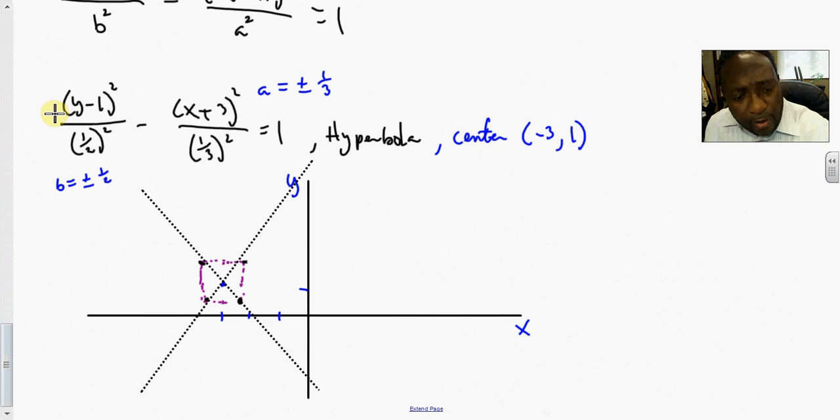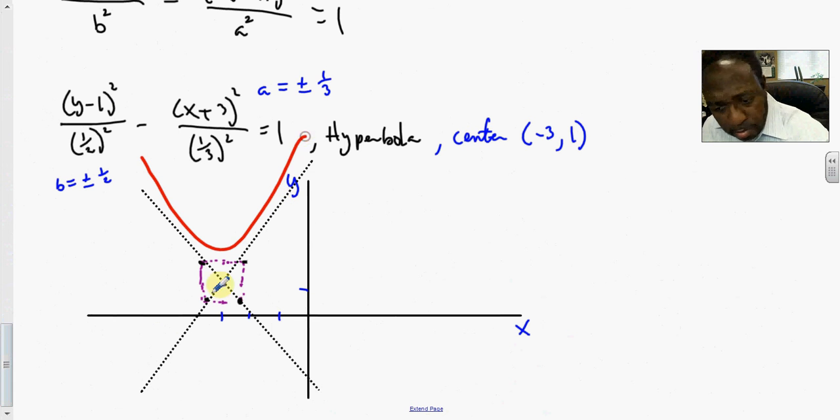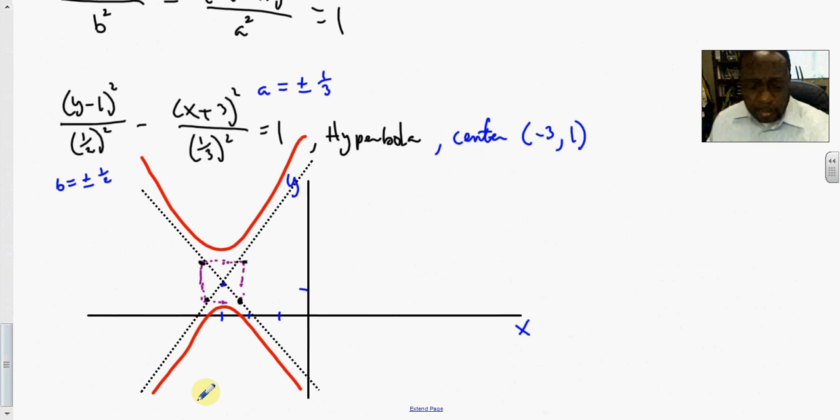Now, since the coefficient for y is positive, then the hyperbola will shift with respect to the y-axis. Okay, I'll just leave it as that.